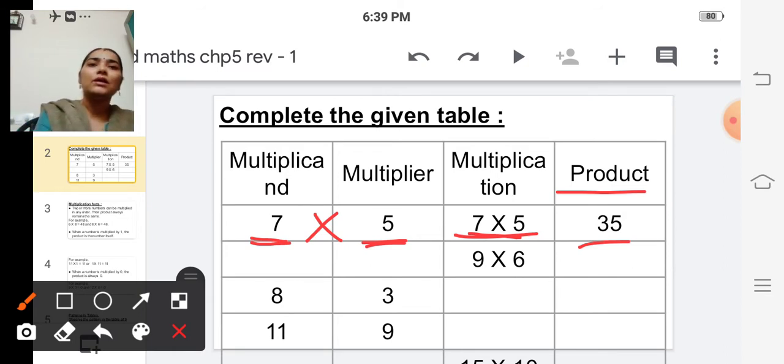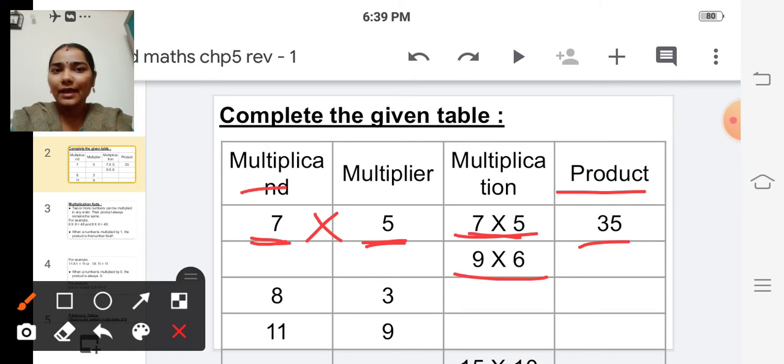So similarly, we are going to write for the remaining. Shall we? Yes. In the second one, they have given multiplication alone. So we are going to write multiplicand, multiplier and product. From this multiplication, which one is multiplicand? 9, isn't it? 9 is the multiplicand and 6 is the multiplier.